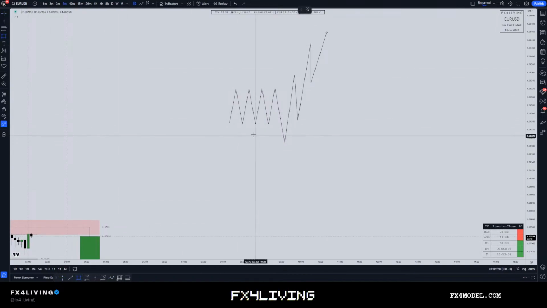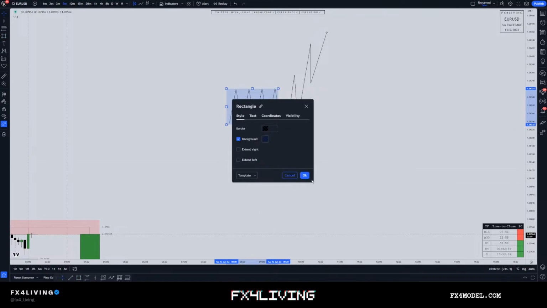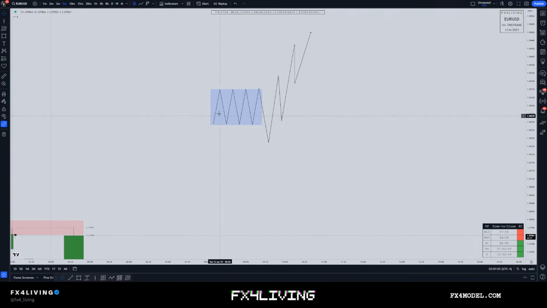So what it means is this is your accumulation range, and it happens in a lot of forms. This is your accumulation range, the blue box. What can be an accumulation range?